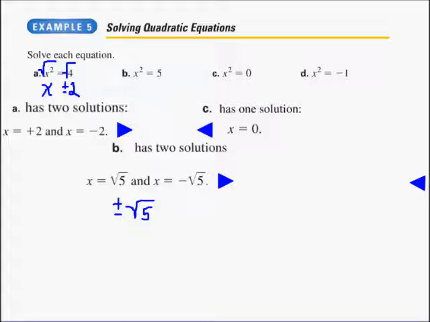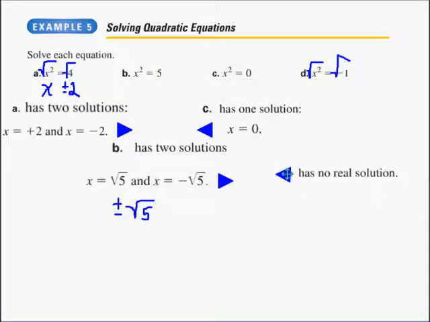Now when we get to the next one, we have x squared equals a negative 1. Again, we don't want to know what x squared is, we want to know what x is. So I'm going to square root that side, and the other side, which is the square root of negative 1. Now we have to try to find what we could multiply by itself to get to a negative 1.